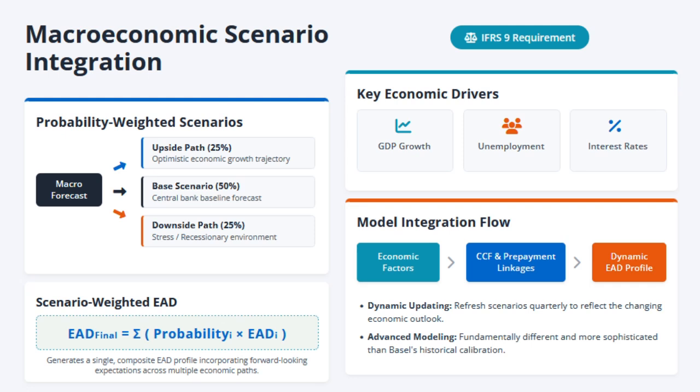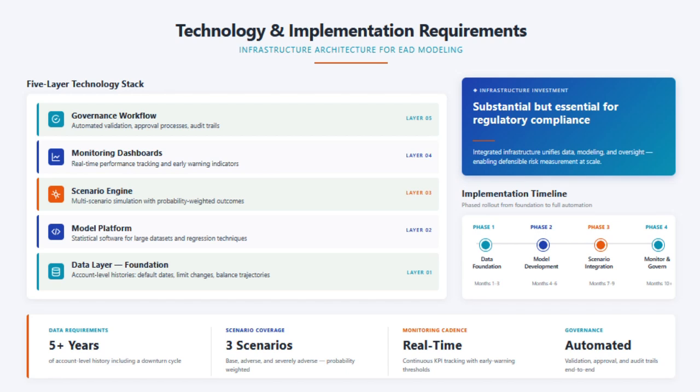Probability weighting. Combine scenarios using central bank or internal economic forecasts. Dynamic updating. Refresh the scenarios quarterly to reflect the changing economic outlook. This forward-looking approach is fundamentally different from the Basel historic calibration and requires more sophisticated modeling infrastructure.